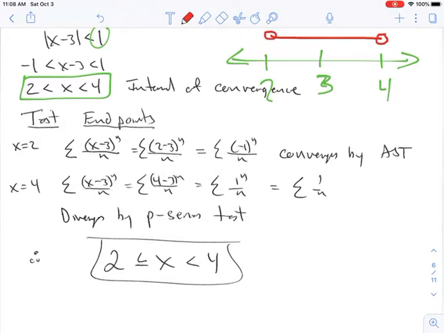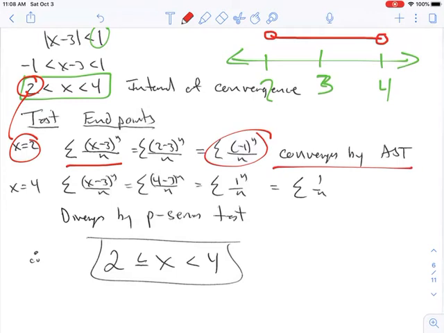So we take the endpoints, take x equals 2, plug it into our series. We end up with -1 to the n over n, which is once again converging by the alternating series test. And plugging x equals 4 into our series, we once again get the diverging harmonic series. And so x equals 4 diverges, so it is less than, and at 2, it is converging, so it is less than or equal to.